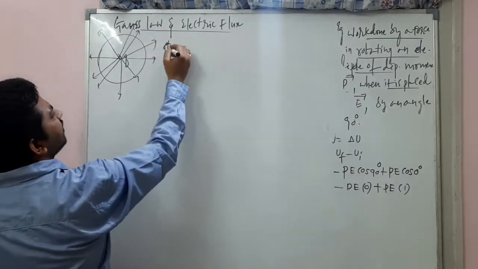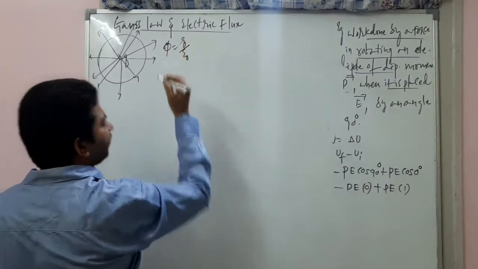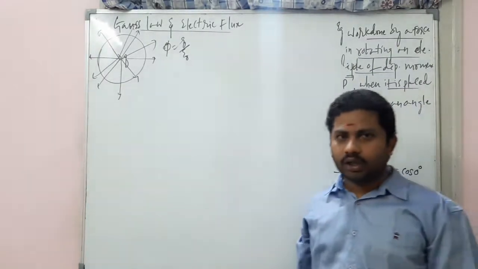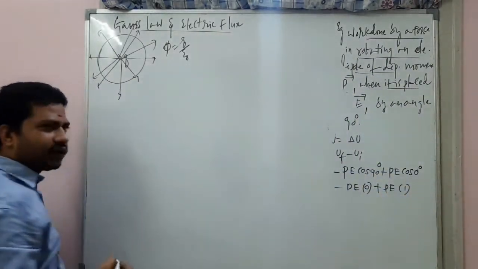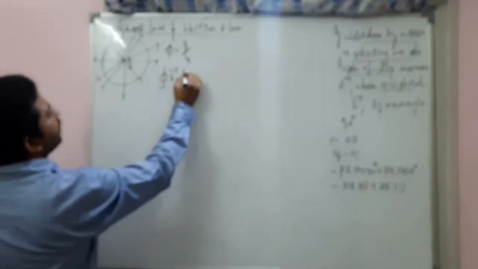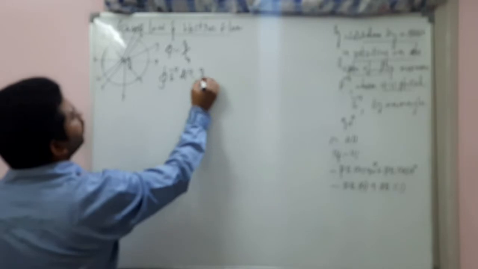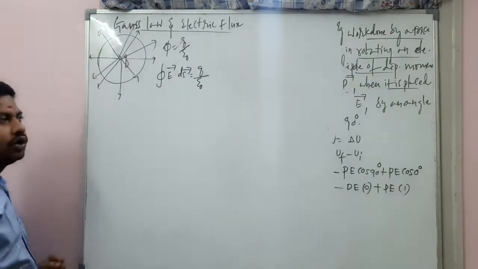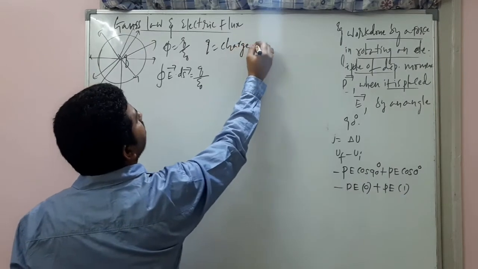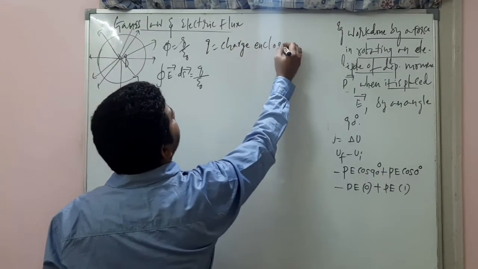So the electric flux associated with this closed surface is phi equal to Q by epsilon naught. According to the Gauss theorem, the closed integral of E bar dot dS bar is equal to Q by epsilon naught. This Q is the charge enclosed. That is important. This Q is the charge enclosed.